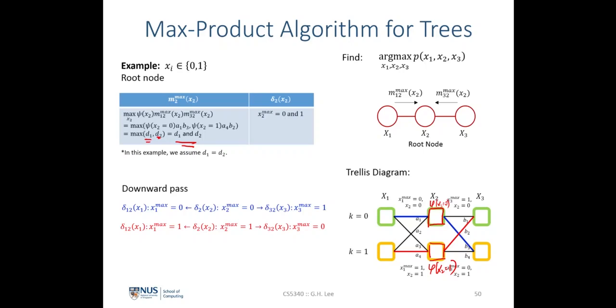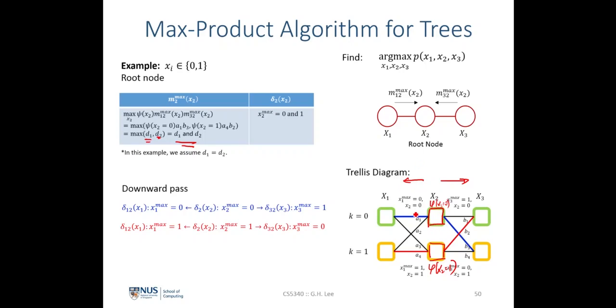And we can see that by doing the downward pass over here, we simply need to go in the other direction. We can trace out, for every one of these configurations, the maximal configuration of the random variables that gives rise to the maximal probability. Now suppose I were to choose the configuration at x2 equals to 0, for example.